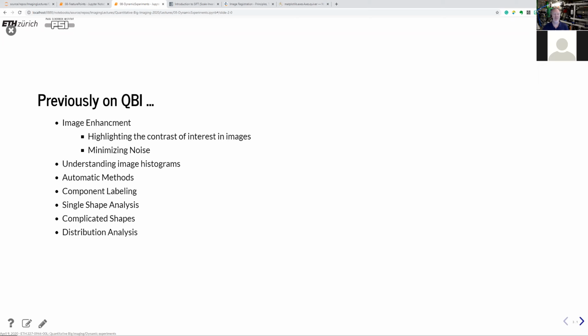And once we had the labels, we started doing analysis on these labeled items. Then, as last week, we started looking at the shapes more in terms of skeletons, and also looking at touching items using the watershed segmentation. So we have a pretty big toolbox already to work with.